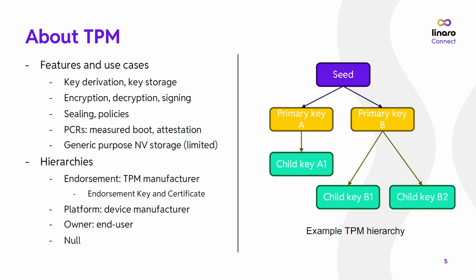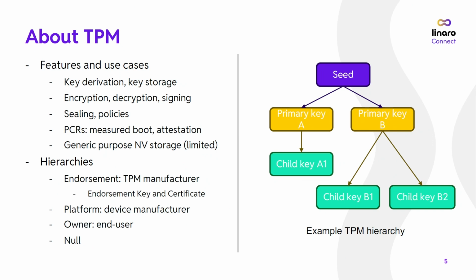And with this, you can do measurements at boot time, and these hash values will represent the state of your system at runtime, so you can use it for integrity checking and attestation. And the TPM also provides some very limited general purpose non-volatile storage.